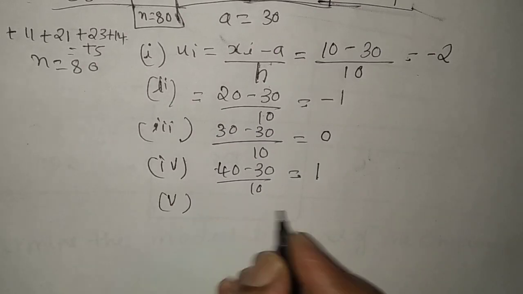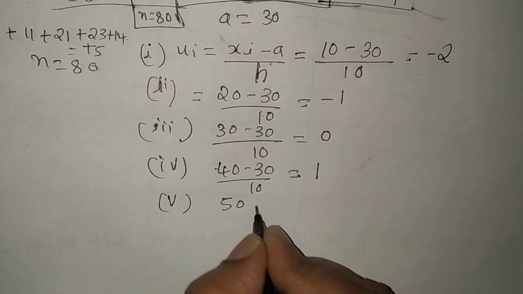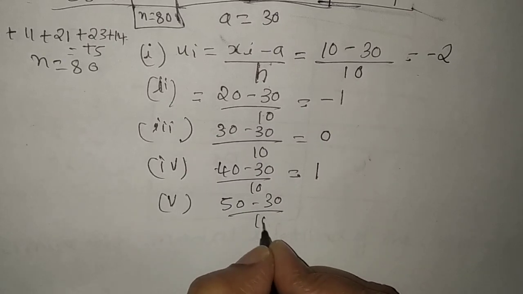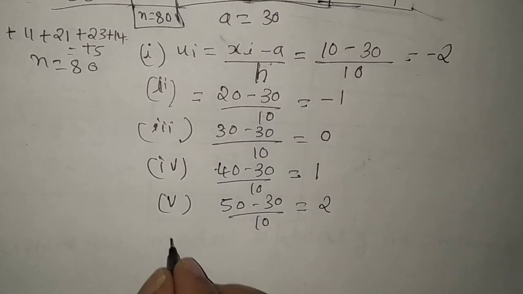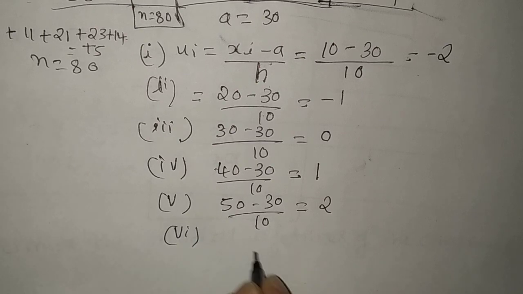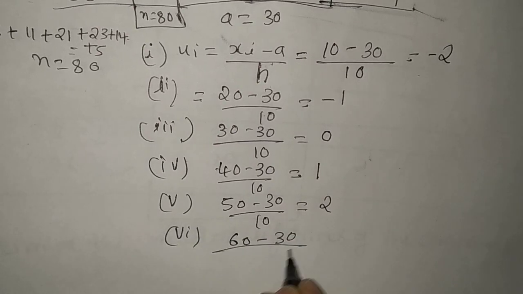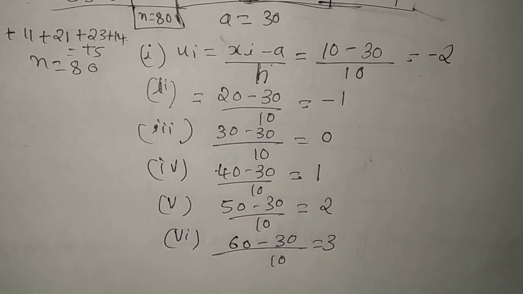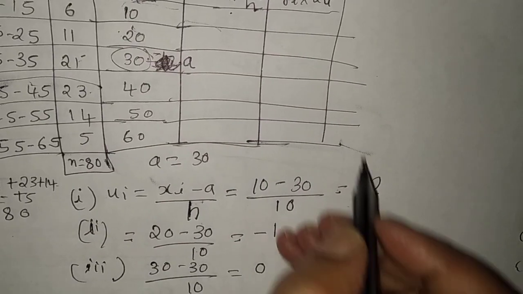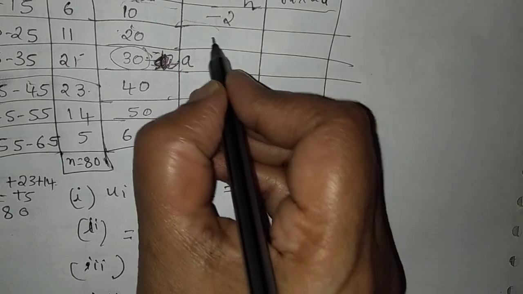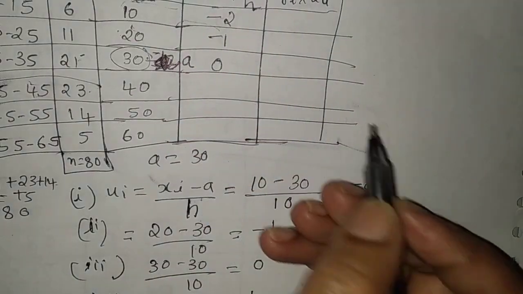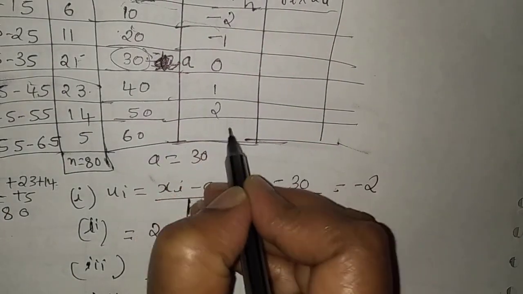Then fifth set of values, 50 minus 30 by 10 is equal to 2. Sixth set of value, 60 minus 30 by 10, which is 3. Substitute all the values here. That is how much we get: -2, -1, 0, 1, 2, 3.